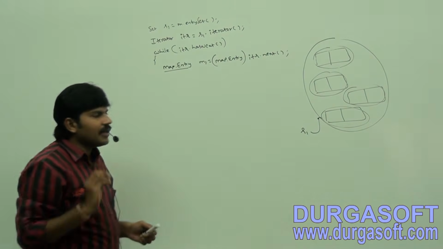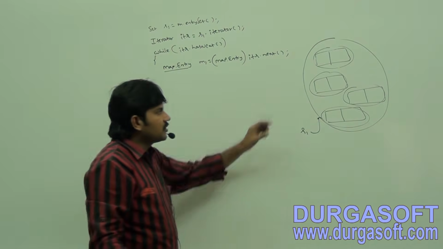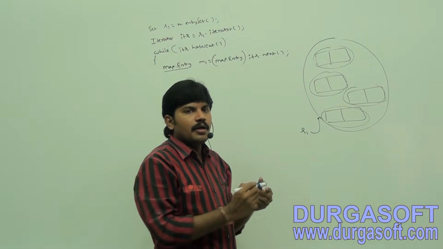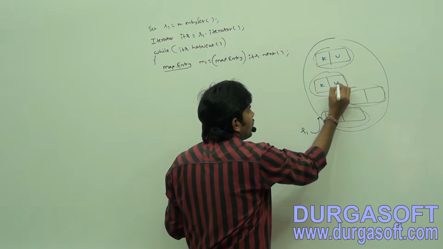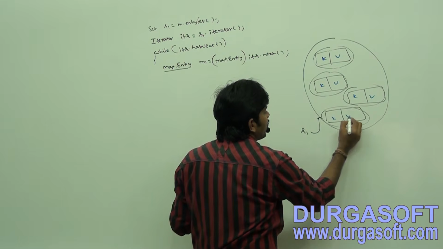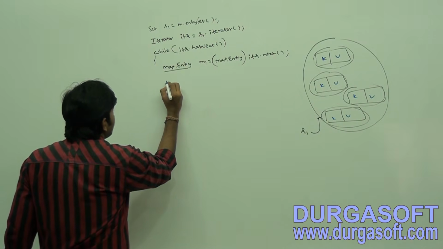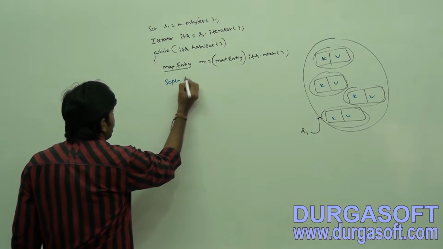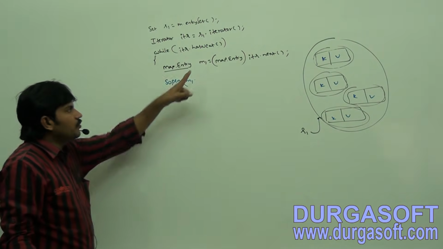Once we got the entry object, which method can you call on that entry object? Sir, first entry object I got. Hey, what is your key? What is the value? We are able to get what the key is and what the value is. So now I'm asking System.out.println, hey entry object m1. m1 is which object?